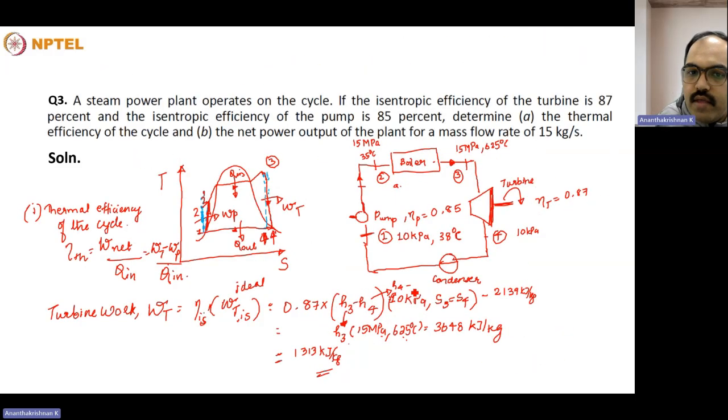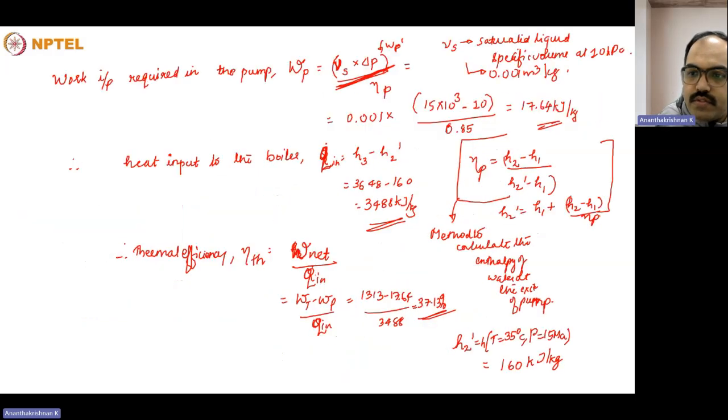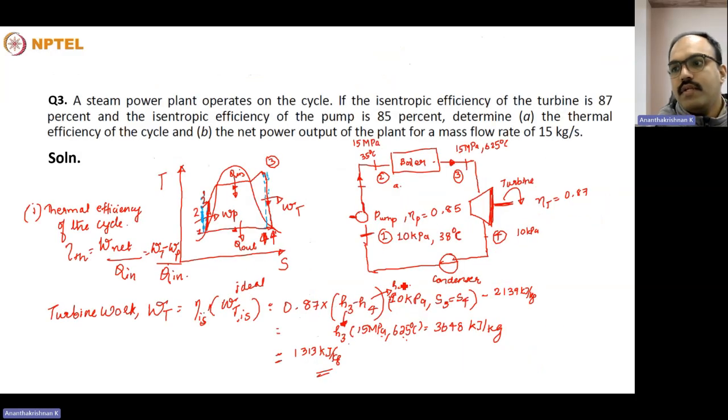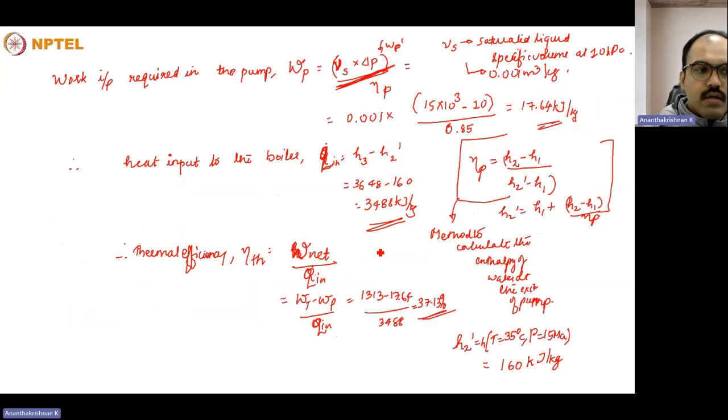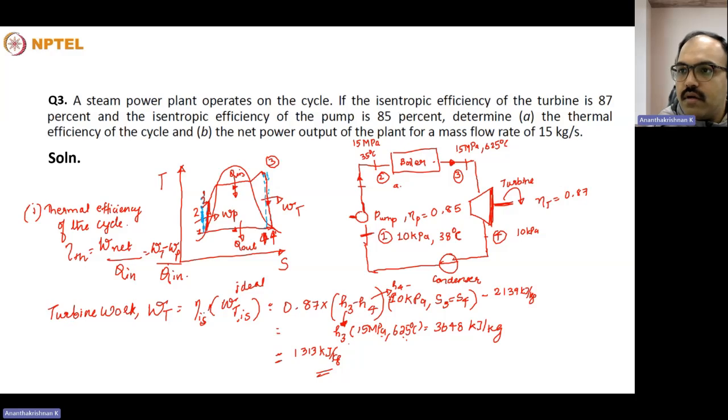So the efficiency we have calculated to be 37%. If you know the state points, you can determine that using the basic cycle analysis: the total work output divided by the heat input will give the value. Now you have to calculate the power output if you know the mass flow rate. The mass flow rate is given as 15 kilogram per second.